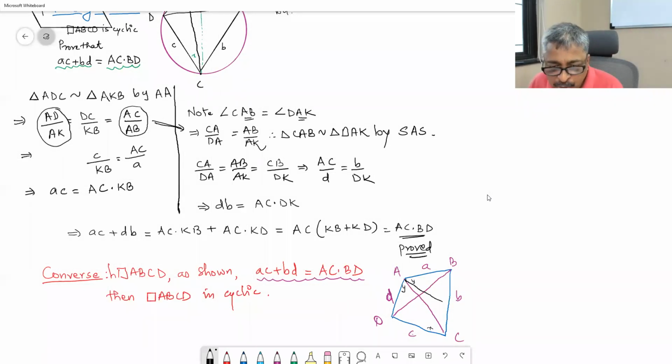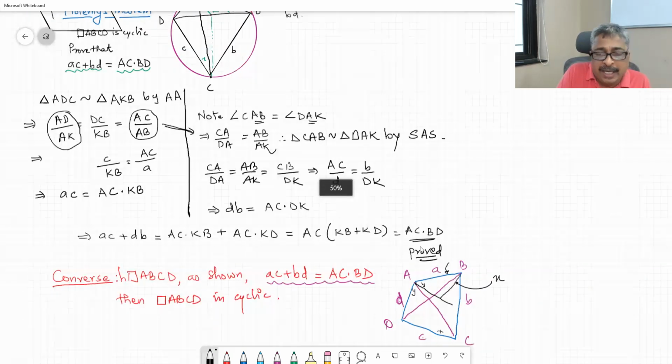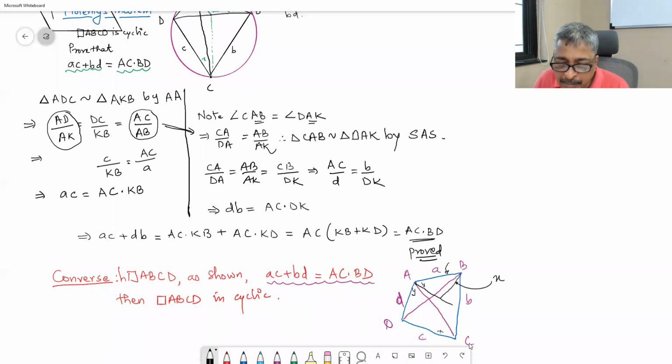Now this X angle seems to be bigger than this angle, therefore let me copy it this side like this. So this angle from here to here is X. Practically we have copied two angles and therefore we got a triangle similar to triangle ADC, similar to AKB. Let me put this name and join.